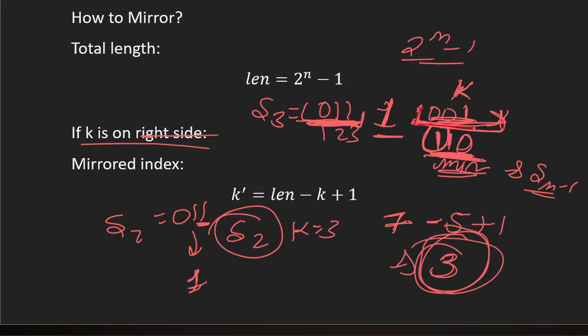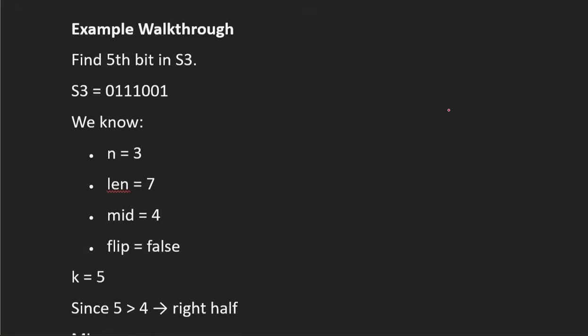But as we have moved to the right part, we also make sure that whatever answer we get, we flip that bit. So here we are getting 1, so we flip that to 0, so 0 is our answer, right? I hope you get this.